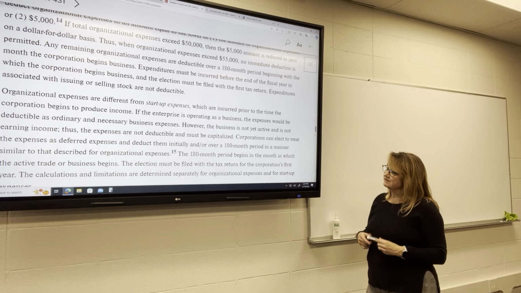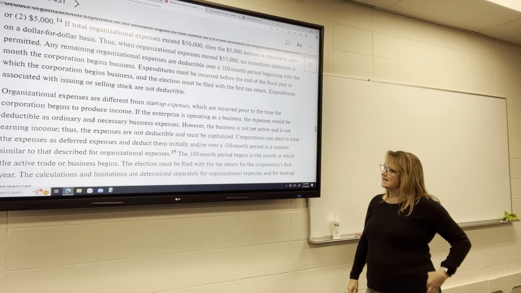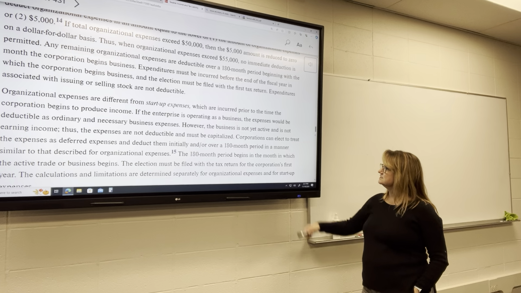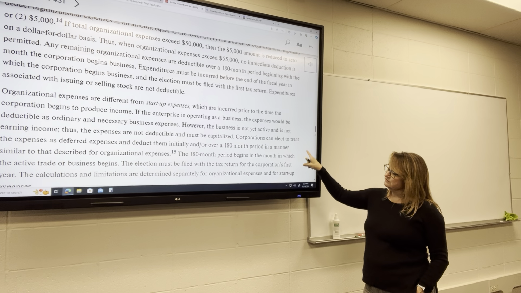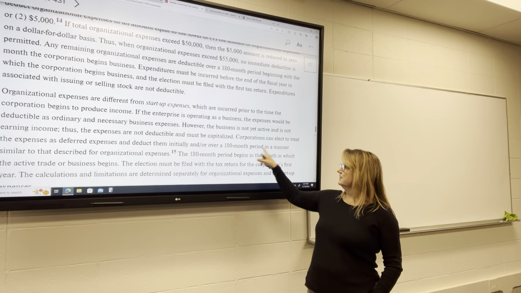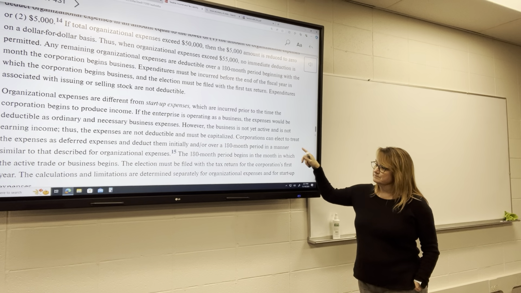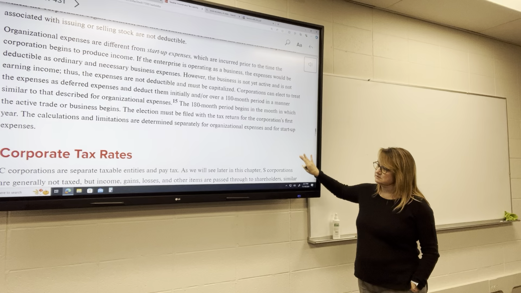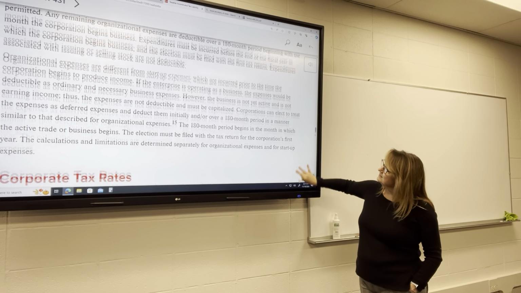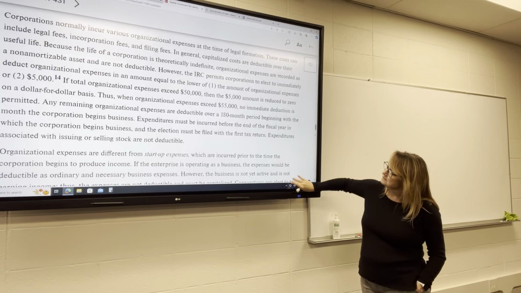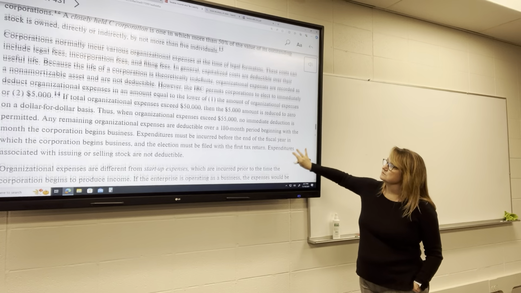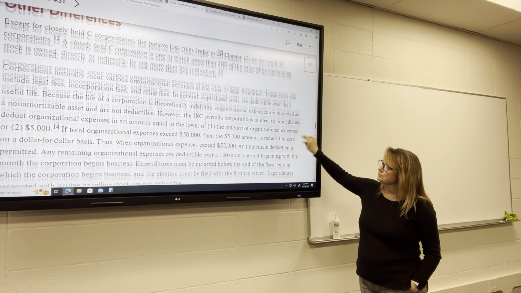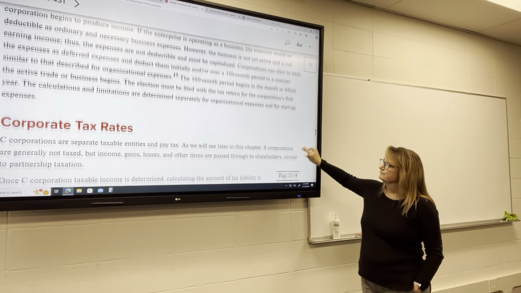However, you don't have any income yet. So those expenses are not deductible. They have to be capitalized. And again, they're capitalized over a 180-month period, just like those additional organizational expenses. So I'm wondering if that changed, because I thought the startup expenses were separate and had the same kind of rules. I'll have to look into that.